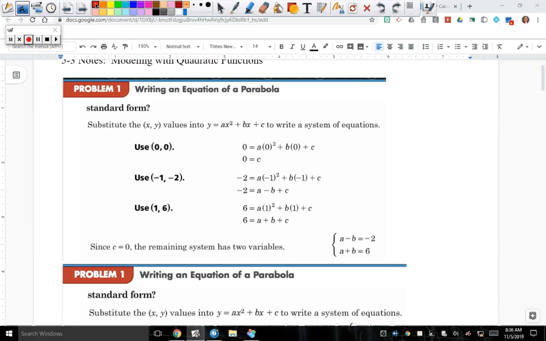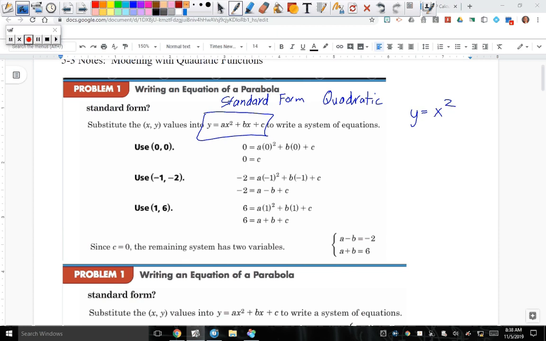So my standard form right here for a quadratic, and this again is going to be in your notes. Okay, so like I was saying, we are going to take the standard form for a quadratic, otherwise this kind of graph that we're looking at in Unit 2. Okay, just real quick, y is equal to x squared has this parabolic shape.